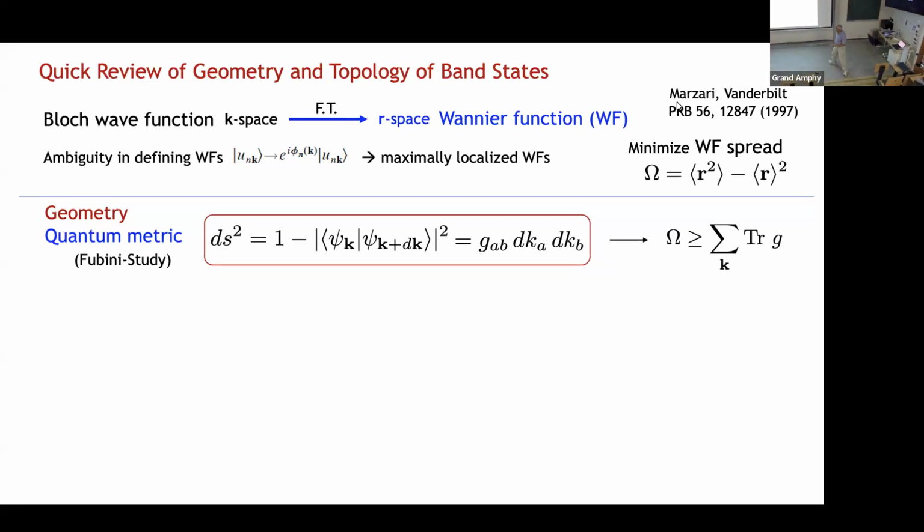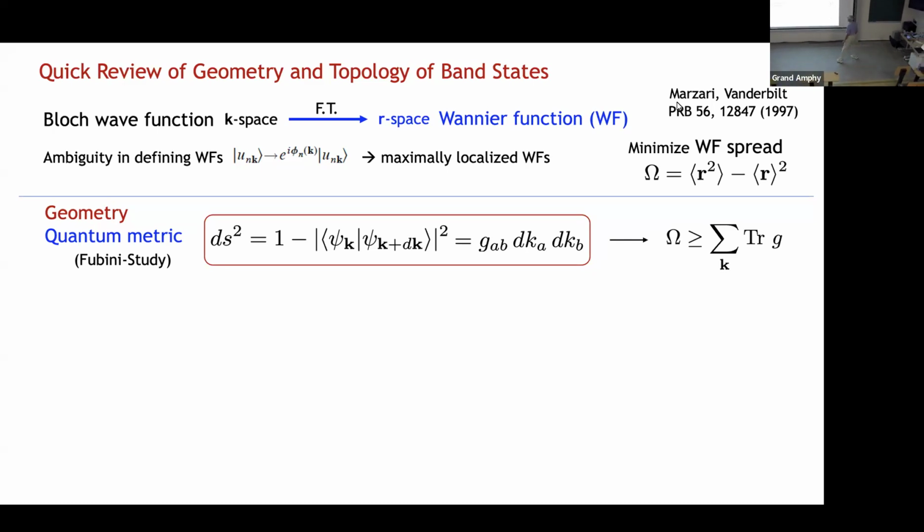Okay, and so if you look at nearby k points, then you have a small distance, and you can write this ds squared in the form of a metric tensor g_ij(k) dk_i dk_j. Okay, and this metric tensor is what is called the quantum metric, which describes the quantum geometry of wave functions in Hilbert space.